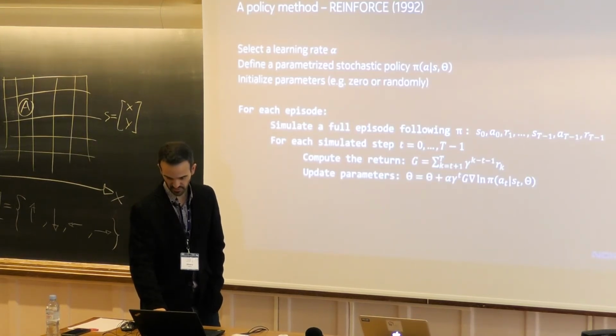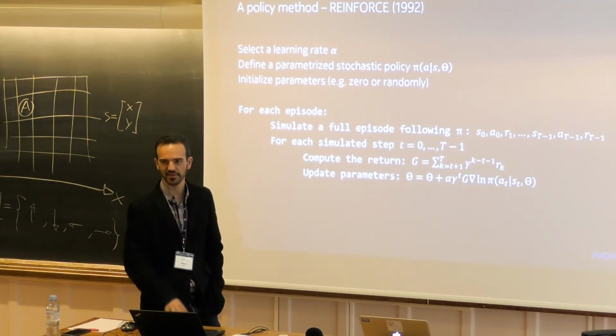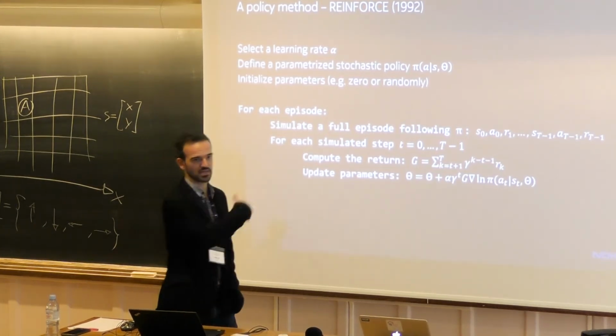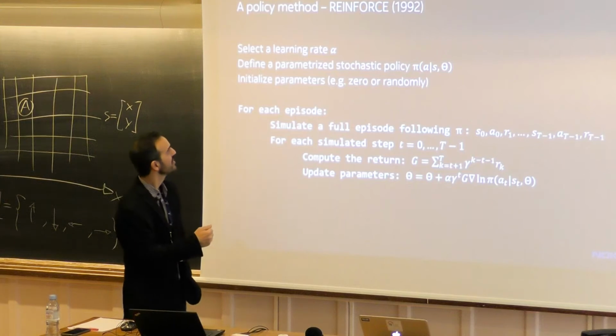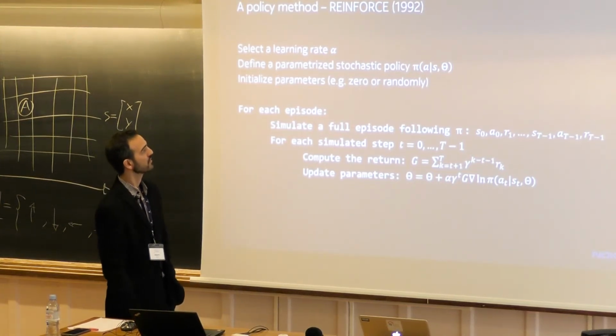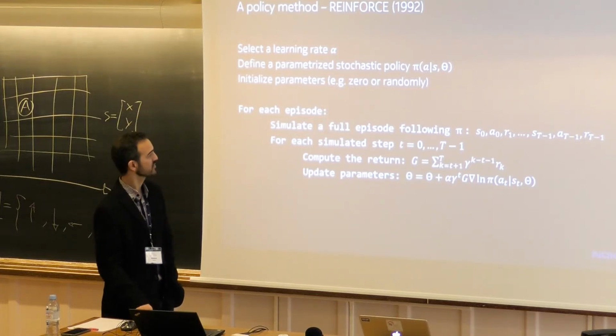Okay, so now I'm going to review some very old reinforcement learning methods, but these are important because they set the basis for the ones I'm going to explain later. So, REINFORCE. This is the ground algorithm, the ground policy-based method for reinforcement learning, and it's pretty straightforward.